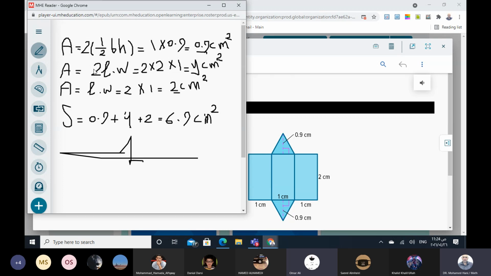This 2? This is the length. This is the rectangle. What is the length of this rectangle? This side, the length. What is the total of this length? As you see, 2. So we bring the 2 from here.